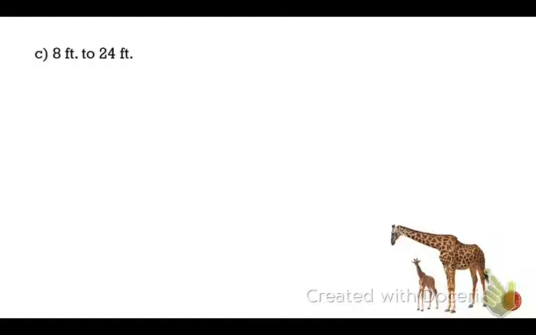What is the formula for amount of change, class? The amount of change divided by the original amount. Abigail, how do I find the amount of change? You have to subtract 24 minus 8. Very good. You take the bigger number and subtract the smaller number. And Abigail, how big was this giraffe originally? 8 feet.